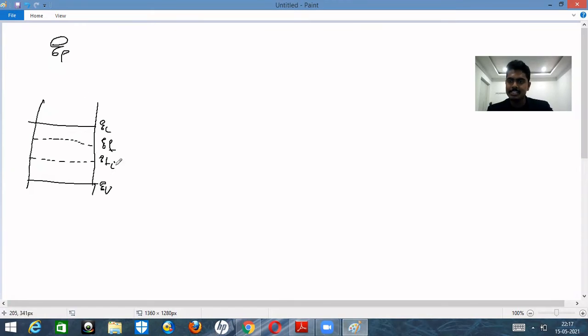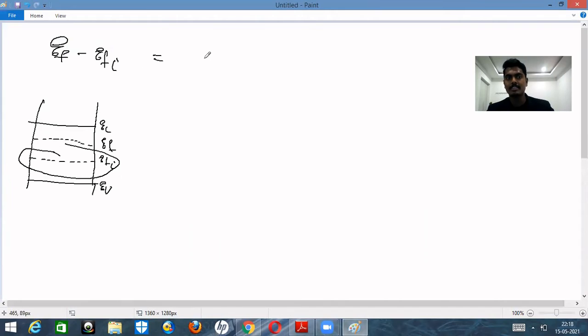Initially it is an intrinsic semiconductor, that means the Fermi level is at EFI. If you dope some impurities in the ratio of 2 is to 10 power 8, then the Fermi level definitely shifts towards the conduction band, obviously. So they are asking EF minus EFI.